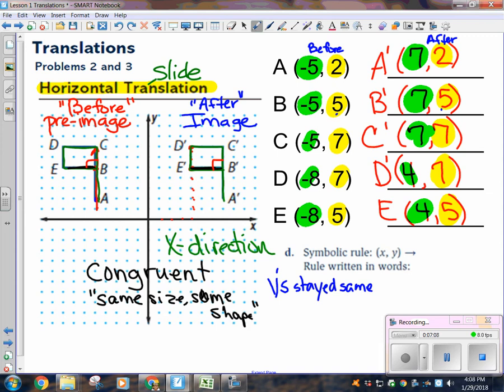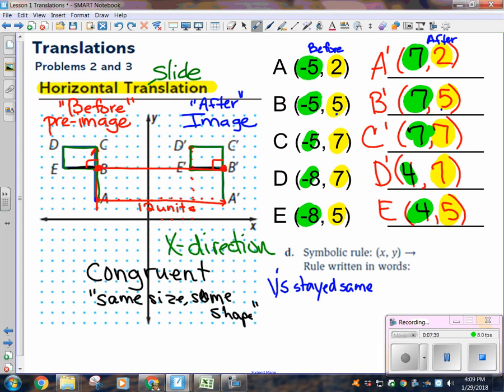If I count from A to its new point, and I count all the way across here, okay, remember, don't count the point you start on, jump and count 1, 2, 3, 4, 5, 6, 7, 8, 9, 10, 11, 12. It looks like we went that way 12 units. Okay, 12 units. If I check the other points, I believe I do the same thing. What if I go from B to the new point, B prime?